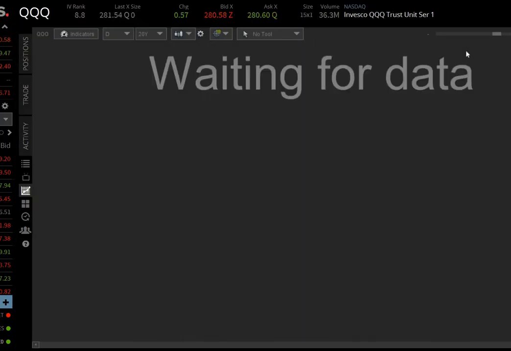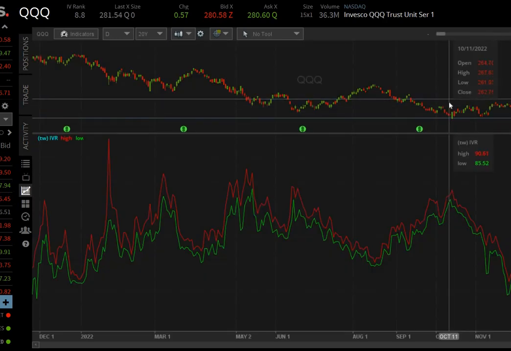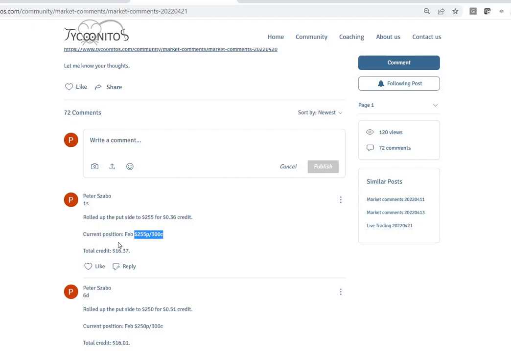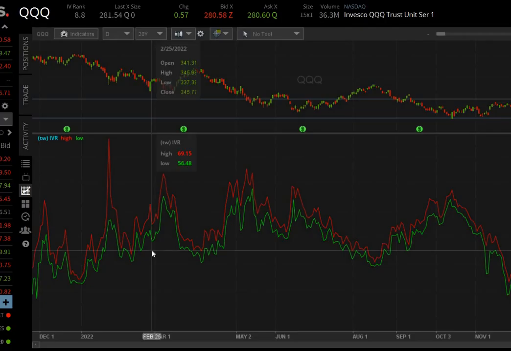If we look at the daily chart, I am at a pretty safe distance from the current price with my strikes, and very soon I'll be able to roll my position to March. So I'm currently in February and I have a fairly nice healthy credit in it, $16.37, and that's because when I first opened my QQQ strangle, it was back in April 2022, so 8 months ago, and my intention is to just keep it forever.